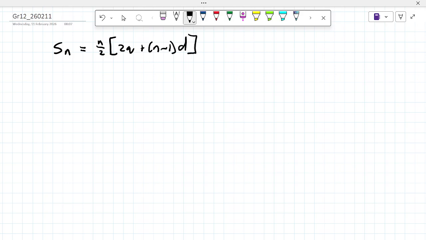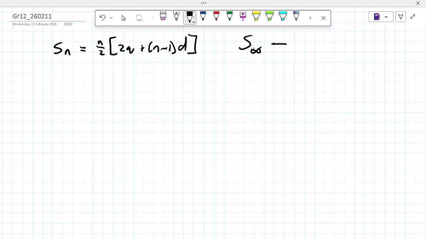The question that we need to ask ourselves, how will the sum to infinity look like? Will it be a number?